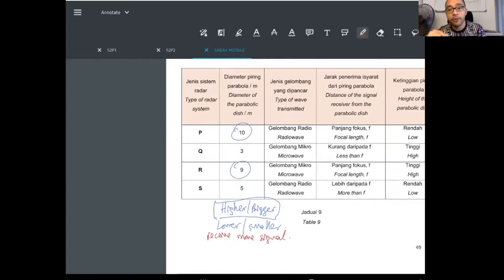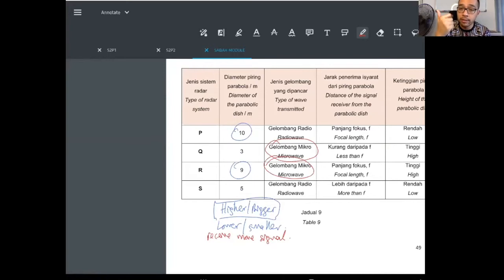Secondly, the type of wave is either radio wave or microwave. This one you need a little bit of know-how, but we will choose microwave. Why would we choose microwave? In terms of waves, if you're asked to choose between radio wave, microwave, infrared, ultraviolet and so on, you talk in terms of frequency or wavelength.